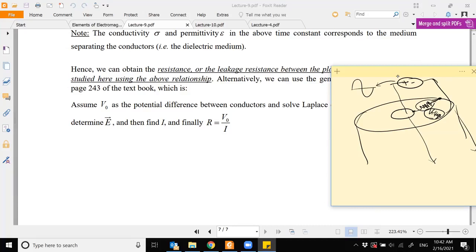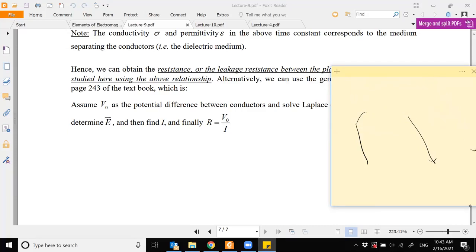But as it propagates, because of this leakage, the amplitude or the peak to peak value of the sine wave will slowly attenuate as it travels, because of this leakage resistance. That's why we want this leakage resistance to be as small as possible.